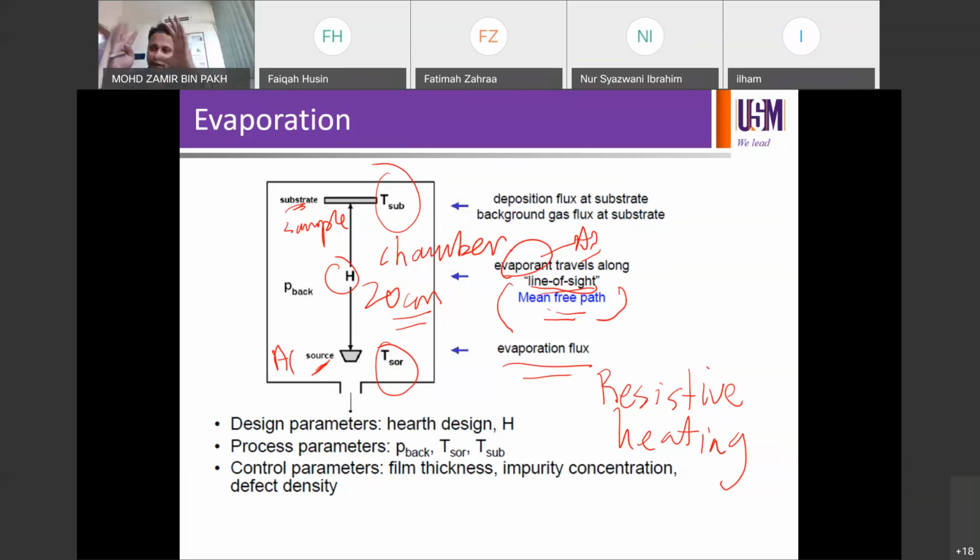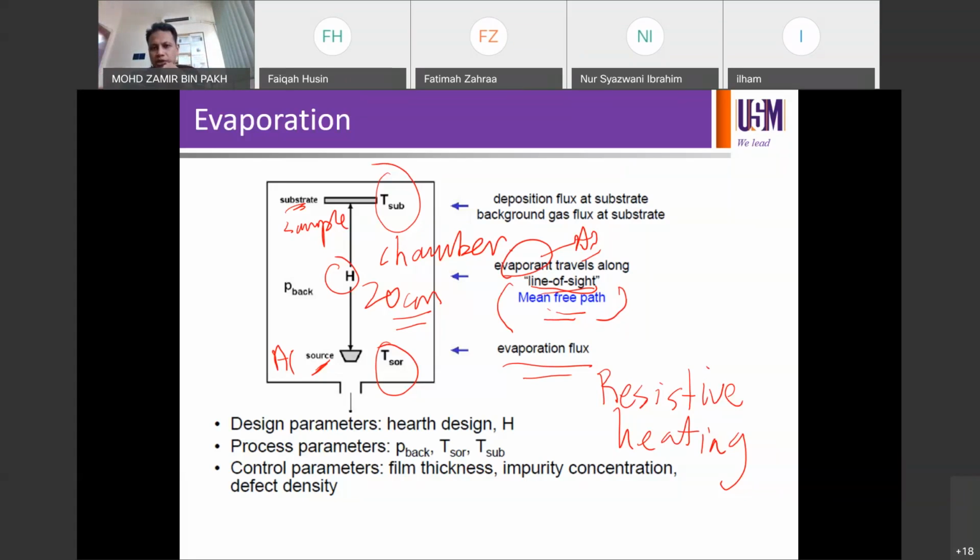Kalau ada too many particles, or the chamber vacuum level is not low enough, that means you have quite a number of particles available in the chamber. These particles are going to affect the journey of your precursor material to the substrate. So they can experience some collision, and that will actually kill your material faster, dia tak akan sampai kepada substrate, because it has to encounter so much resistance by existing particles along the way. So that's called mean free path. So the longer it can travel at a particular vacuum level is better for a deposition process. Okay.